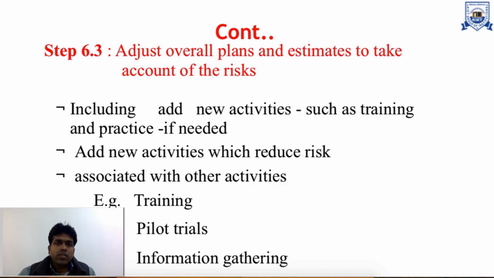That includes adding some other or new activities such as training and practice. If there is any need of training for the different resource persons, then we can do it. We can also add new activities which can reduce the risk, for example training, pilot trials or information gathering, to reduce this risk.